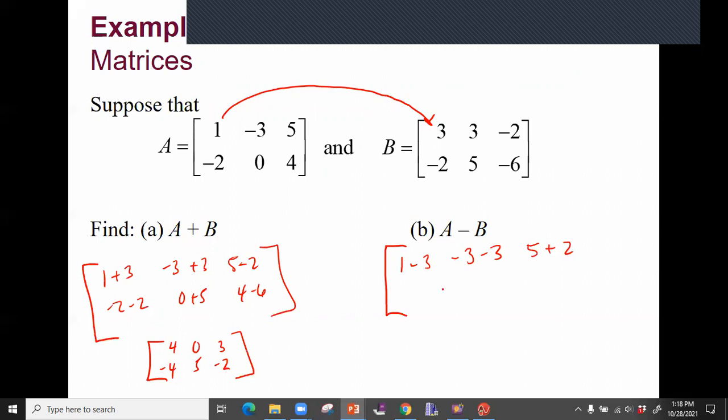The negative times a negative is a positive. We have negative 2 plus 2. We have 0 minus 5. And we have 4 plus 6. So our difference is negative 2, negative 6, 7, 0, negative 5, and 10.